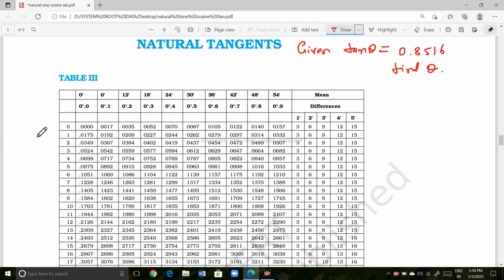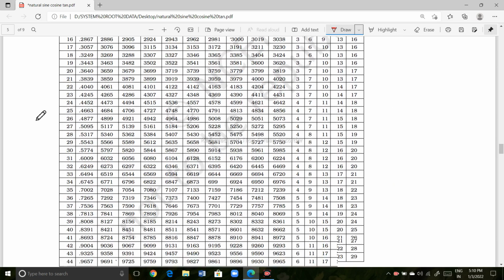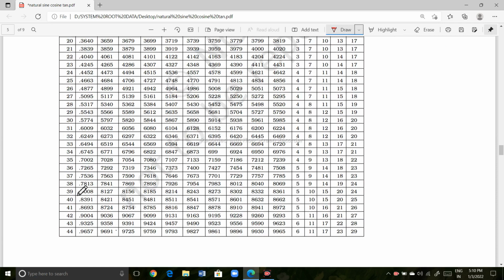So in this case again we'll check where 0.8516 is. This is the table for tan, and I can find 0.8 here. This is the one which is lower than 0.8516, and closest, right?